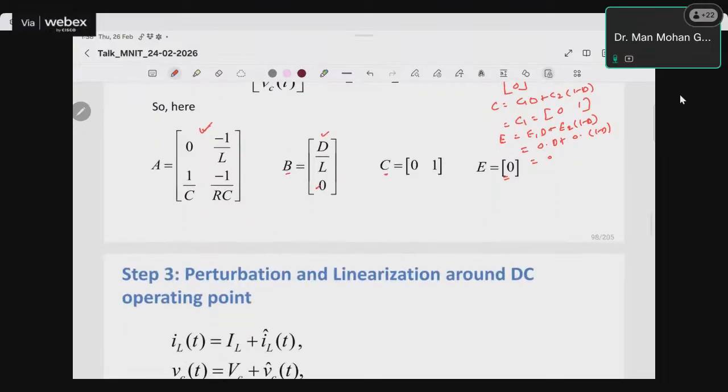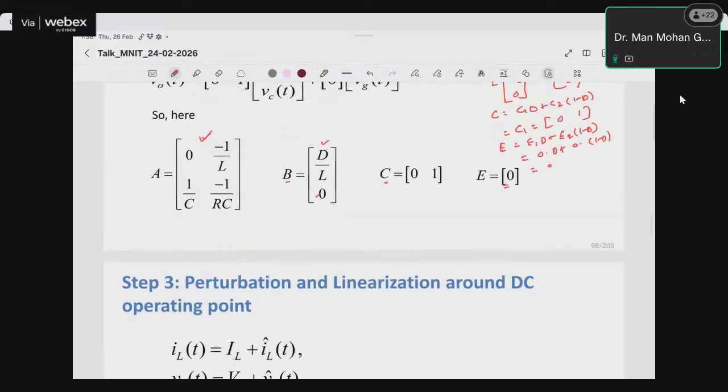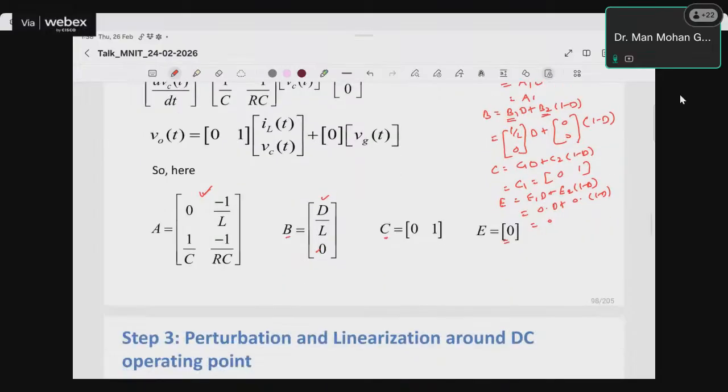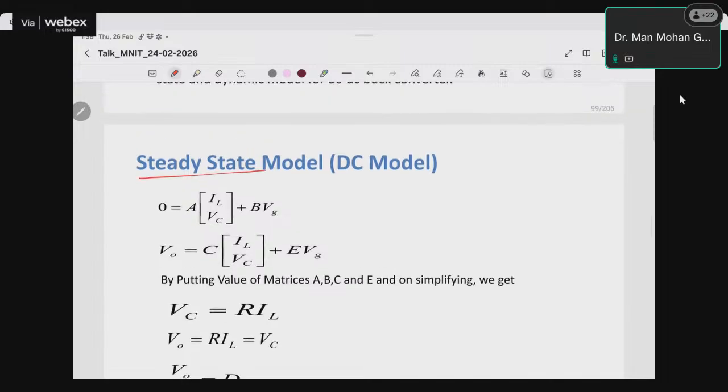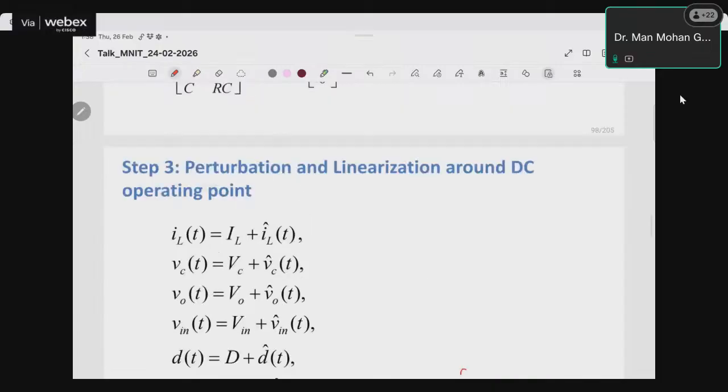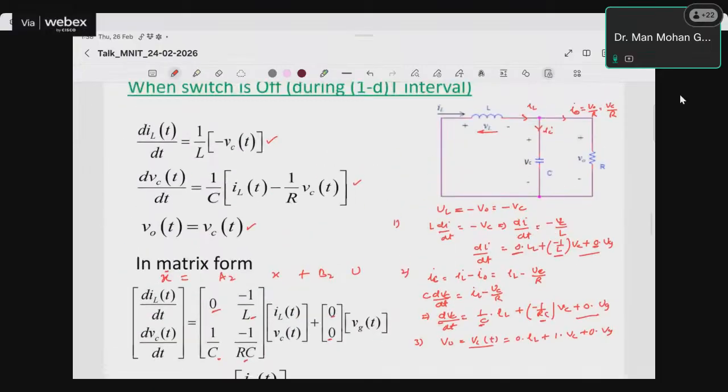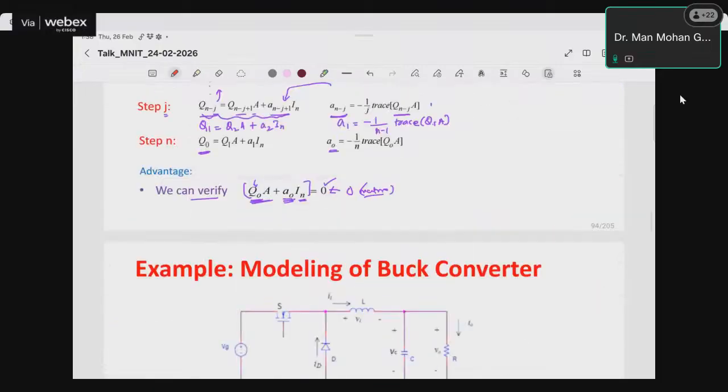So we got A, B, C, E from here. Now once we got these, the next step is that we introduce the perturbation and linearization. After obtaining the matrices, we do perturbation and linearization. And after that, we segregate the model and we obtain the steady state model, right? So in this case, what was our steady state model?